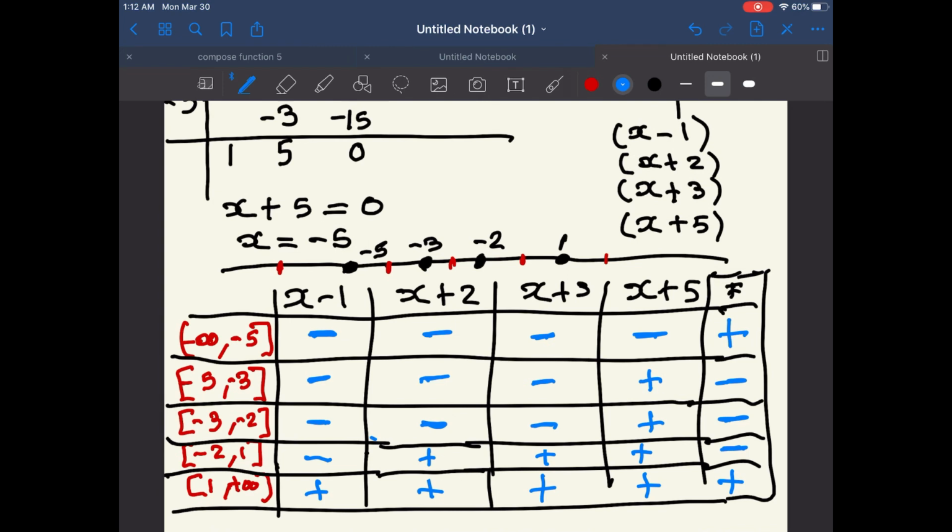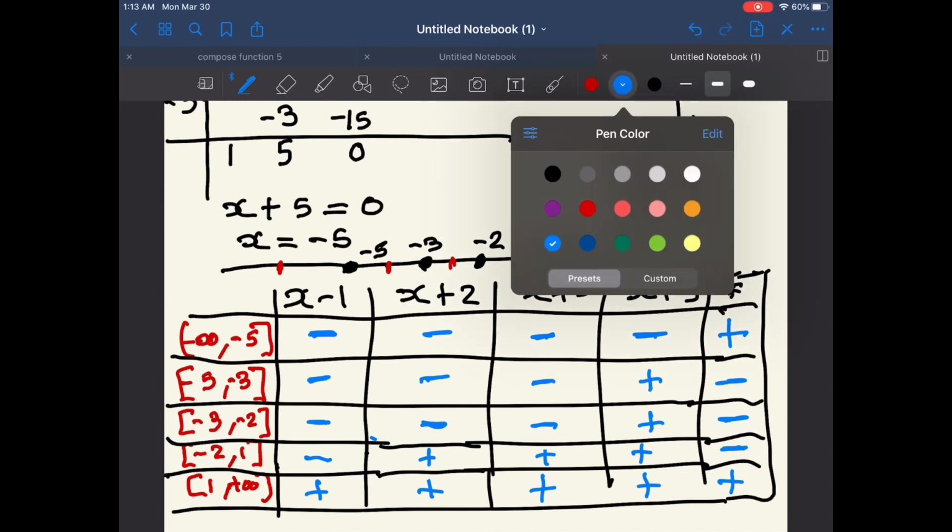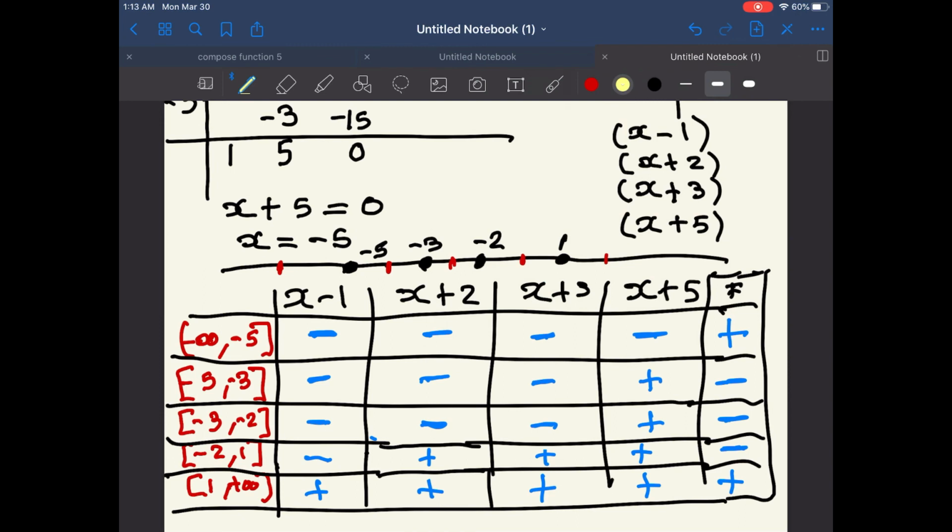And now if you see the intervals where the function is less than 0, it is the interval from negative 5 to negative 3, union negative 3 to negative 2, and when it is 0, from negative 5 to 1. Now from negative 5 to 1, when you make a graph starting at negative 5, this area is negative.